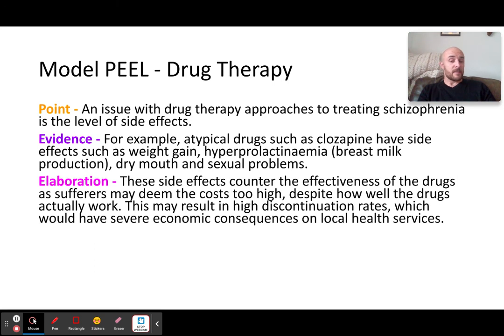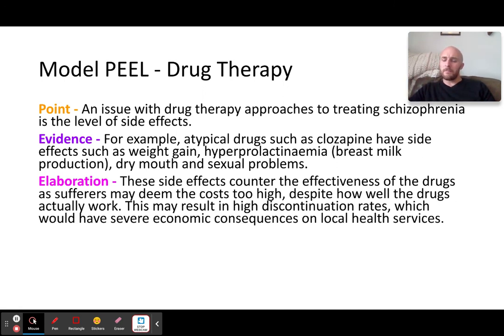Well, these side effects counter the effectiveness of the drugs, as sufferers may deem the cost to be too high despite how well the drugs actually work. And this is going to lead to a knock-on effect of high discontinuation rates, use that term please, which would have severe economic consequences on local health services.